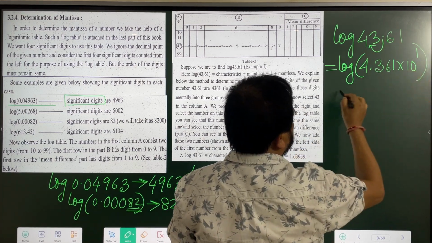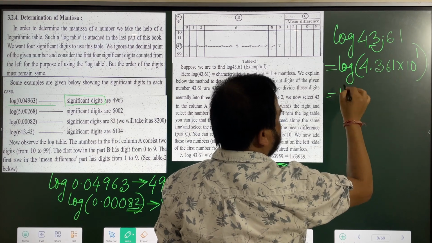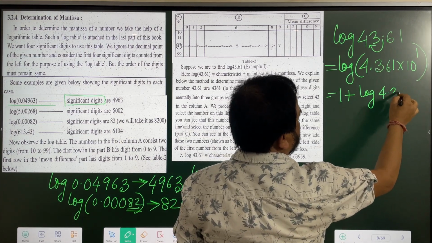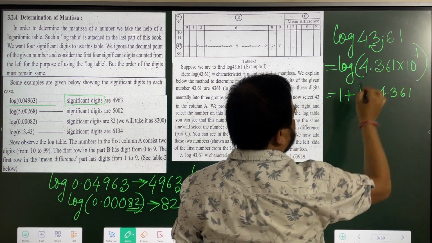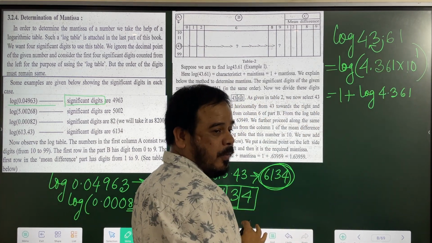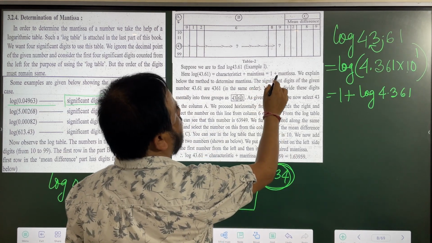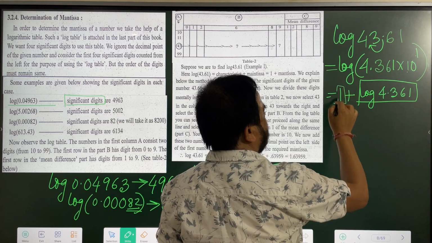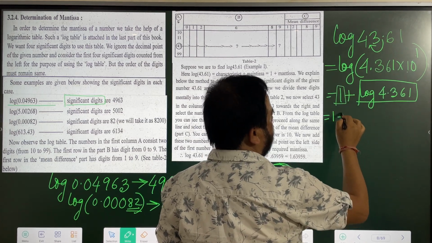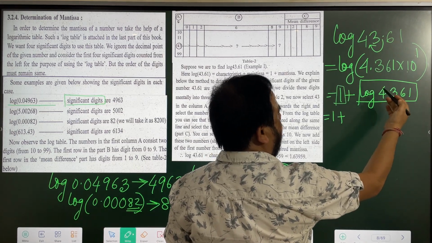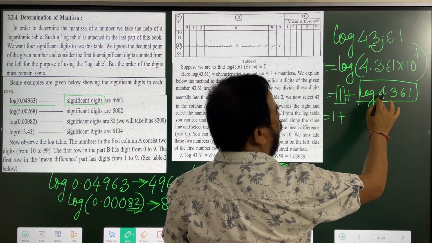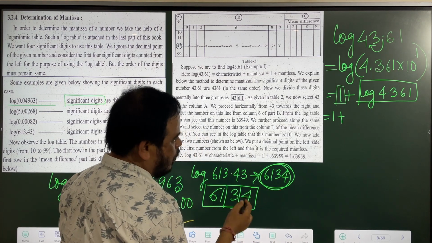So the characteristic is 1. Log 4.361 into 10 to the power 1. I have written 1 directly because I already explained it. So 1 plus mantissa. This part is the mantissa, 1 is the characteristic. For now forget about the decimal: 4361.